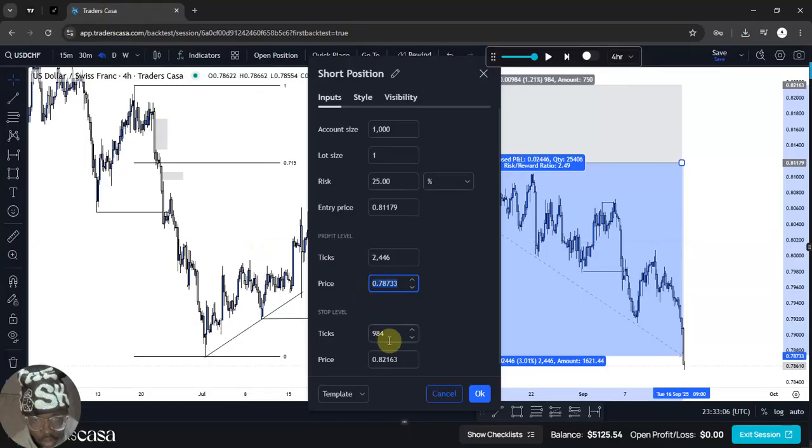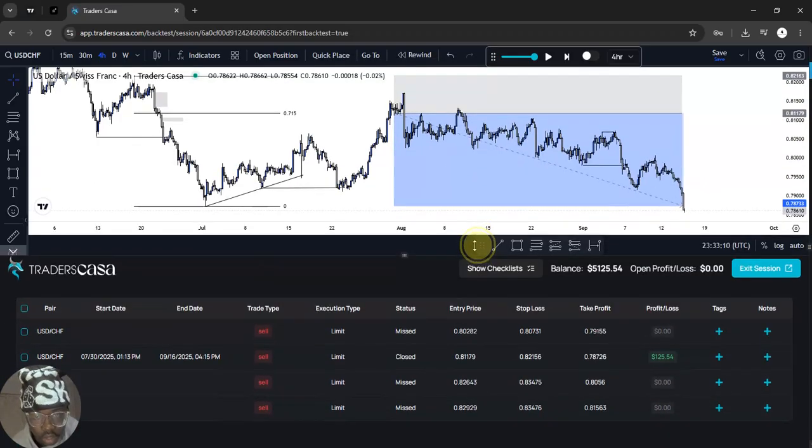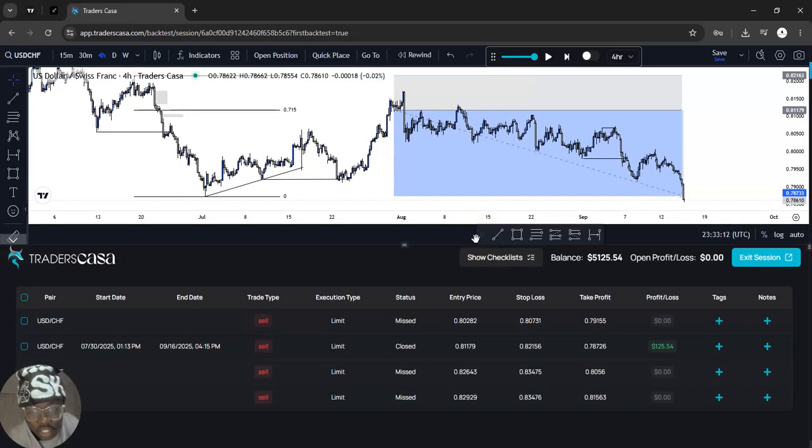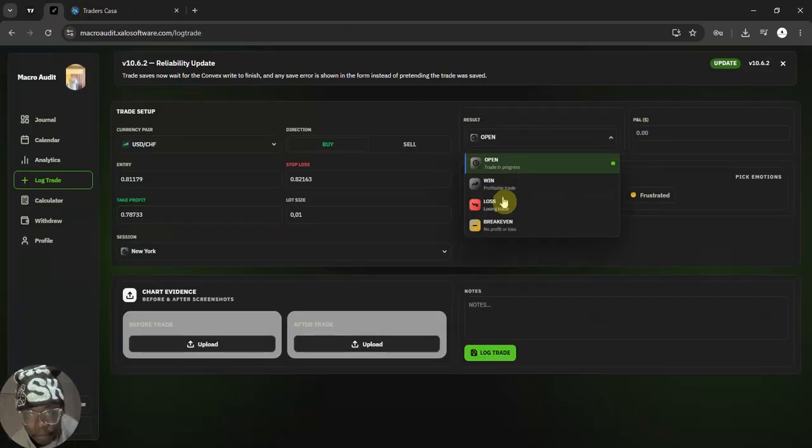Okay, let's see what else. See how many trades I missed, bruh. 3 trades I missed, by the way. It seems like it doesn't show, so I'm just gonna say 125.54. This is the win.